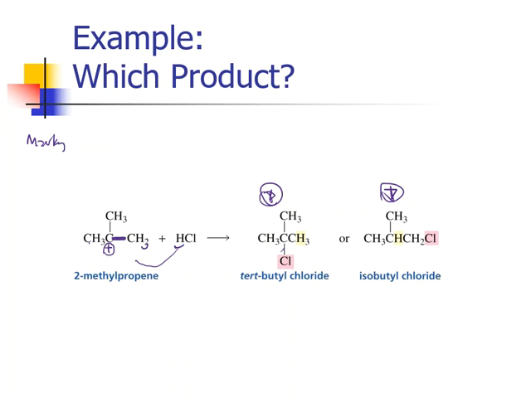Markovnikov, Marky-Mark's rule, told us where the hydrogens went. When we used Markovnikov's rule, what we did in a backdoor approach was help determine the most stable carbocation that could form in that reaction. So if we put the hydrogen to the left-hand carbon, the carbocation would have formed here to the right-hand side.